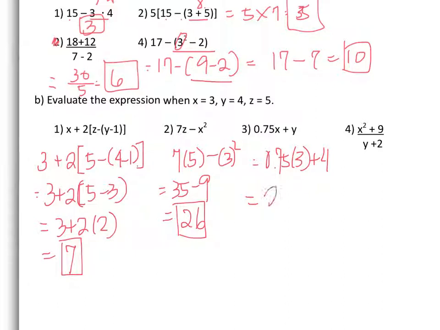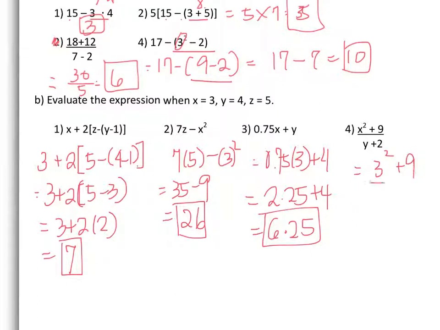And get 2.25 plus 4 equals 6.25. And again, x is 3, y is 4 plus 2, 18 divided by 6 is 3.